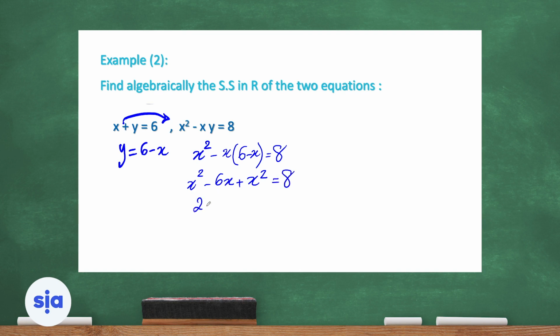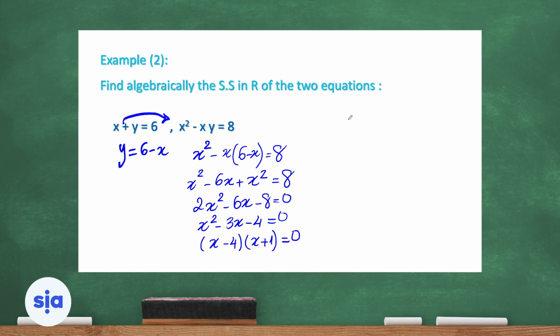So if you simplify it, it's 2x squared minus 6x minus 8 equals 0. Simplify it more, divide it all by 2, so x squared minus 3x minus 4 equals 0. If you factorize it, it's x minus 4 times x plus 1.